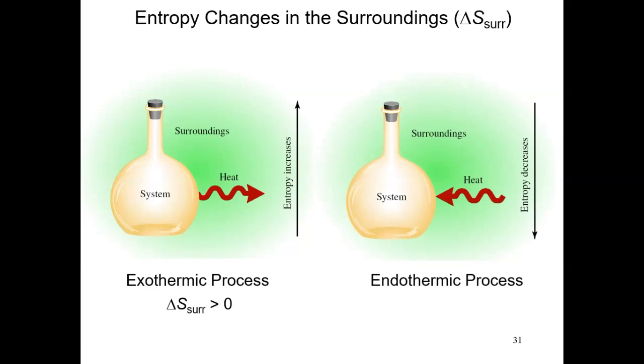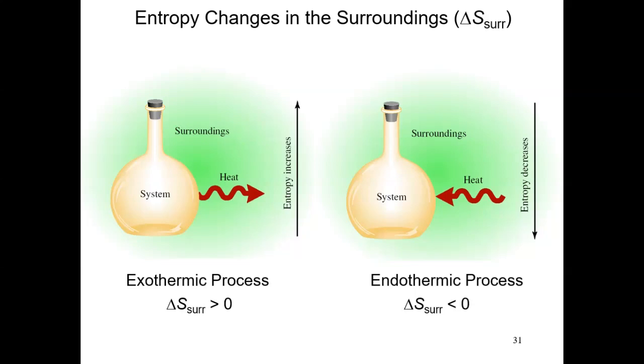So in this case, heat is transferred from the surroundings into the system. That means that the surroundings are losing energy. And if they're losing energy, then that means that their particles have less options in terms of distributing themselves randomly. Therefore, we expect for the entropy to decrease. So for an endothermic process, we would say that the entropy of the surroundings also decreases.